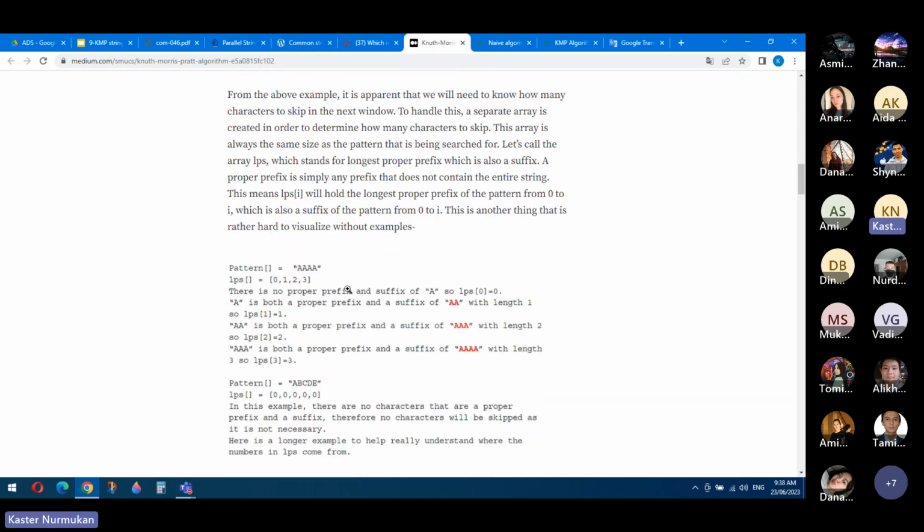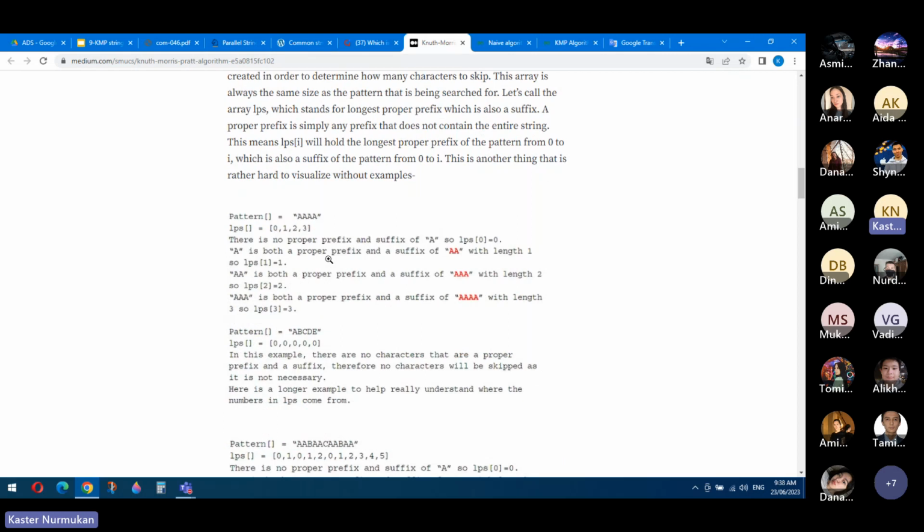So that's good. Here's another example. Let's say we are trying to find this one, 1 2 3. That's already found, the last appearable suffix. What they are actually doing is, there is a suffix. A is also first, so 0. A appears in both the prefix and suffix, AA, length of 1, so this is 1.